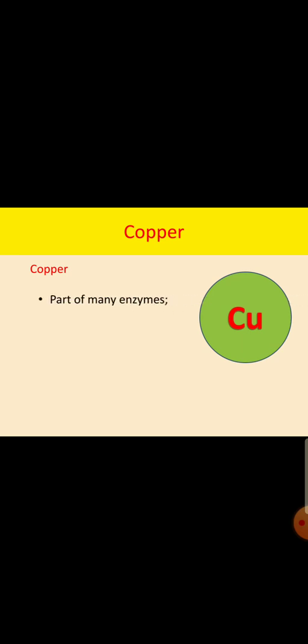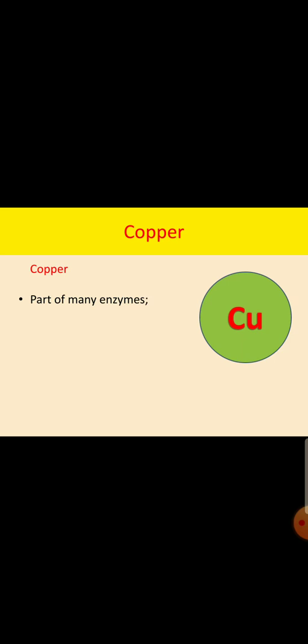Now, copper. Copper is another very important mineral which is part of many enzymes. As I was telling you, the minerals are playing a big role in our physiology, especially formation of hormones and enzymes.